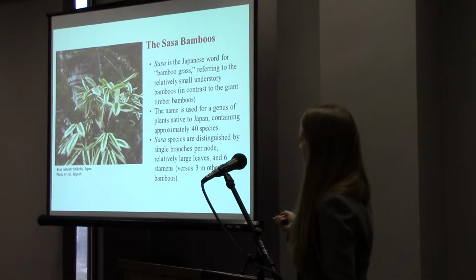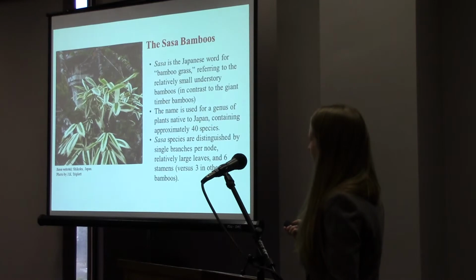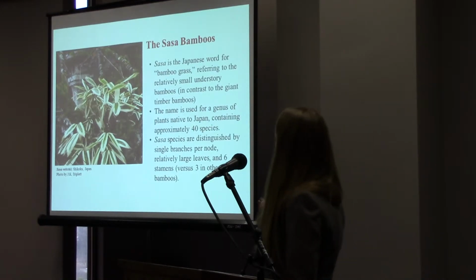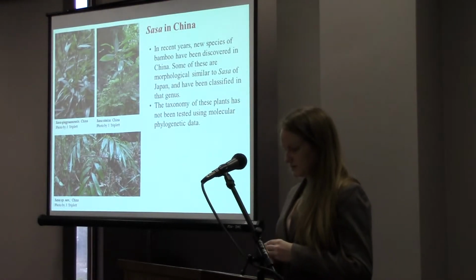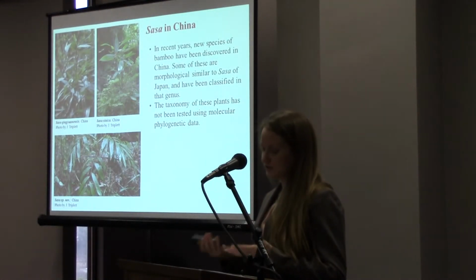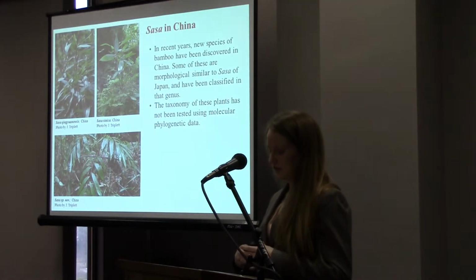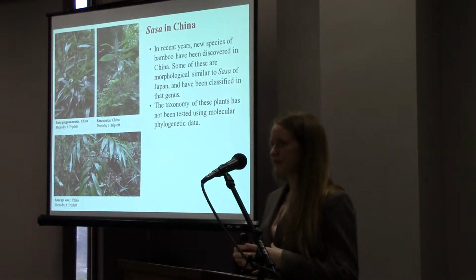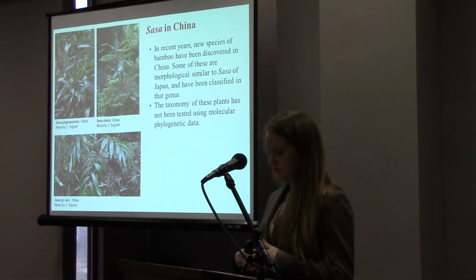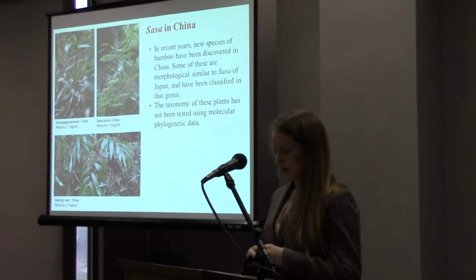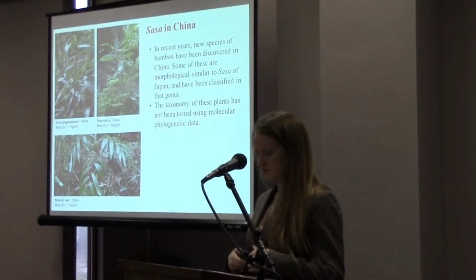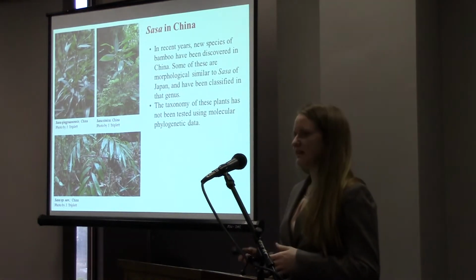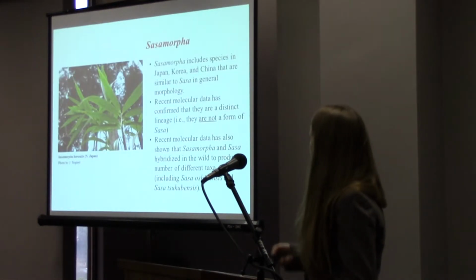This is one example of a Japanese Sasa, Sasa veitchii. In more recent years, new species of bamboo have been discovered in China, and some of these are morphologically similar to the Sasa of Japan, so they were just classified in that genus. The taxonomy of these plants has not been tested using molecular phylogenetic data, and that's the purpose of this research.